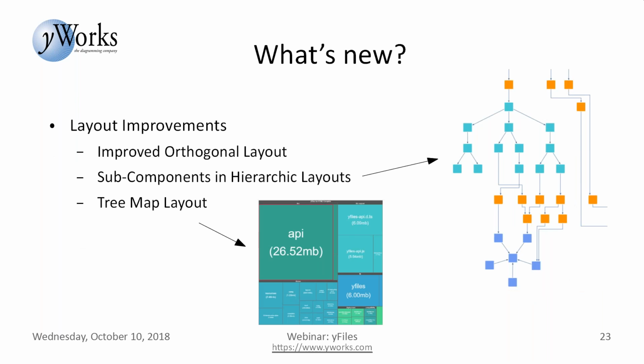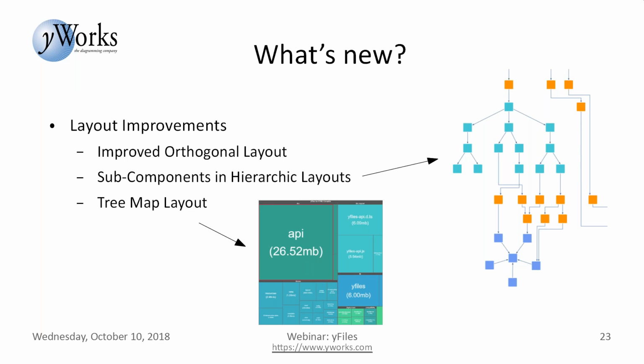The layout algorithms were also improved. We improved the orthogonal layout. Now you can produce much more compact layouts in orthogonal style. We've added some subcomponents to hierarchic layouts. You can see this here.